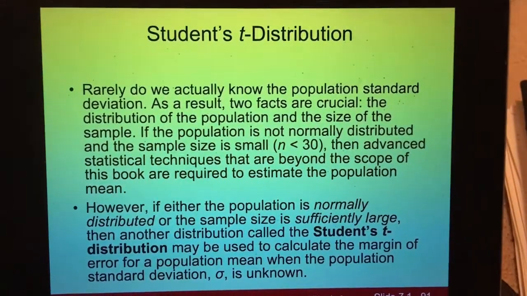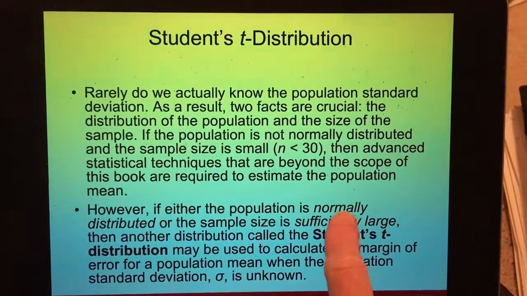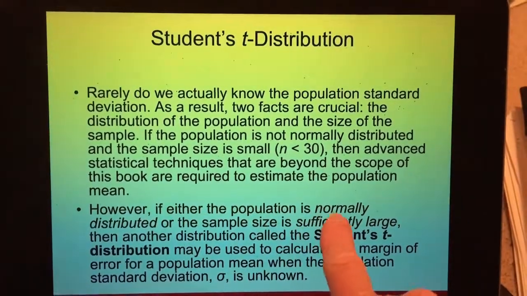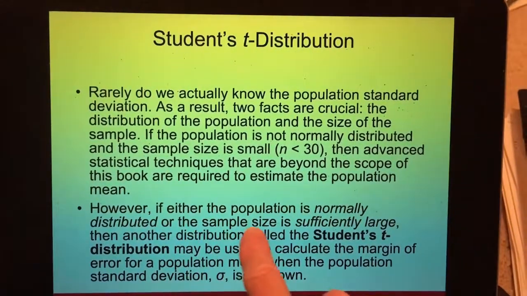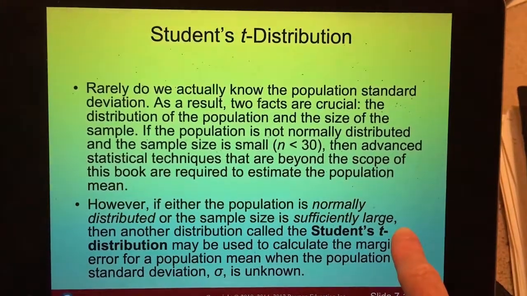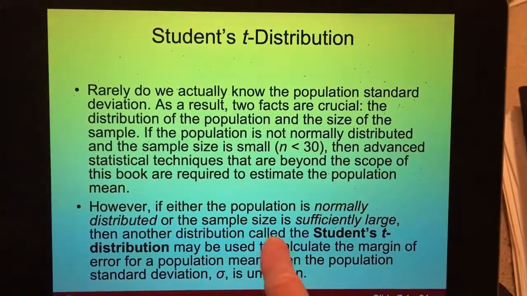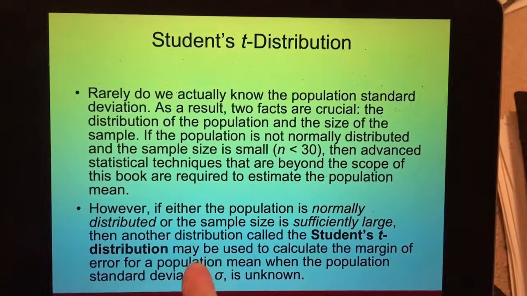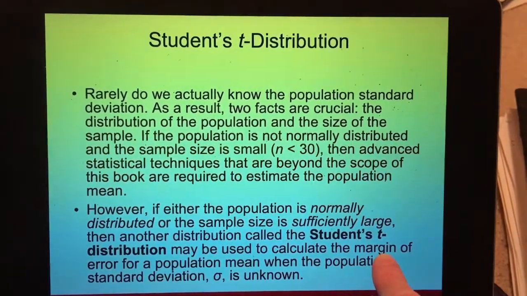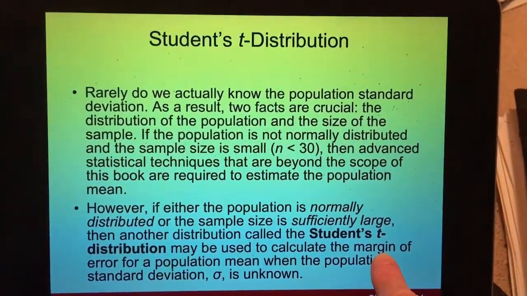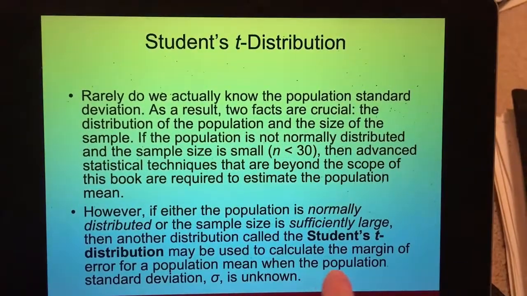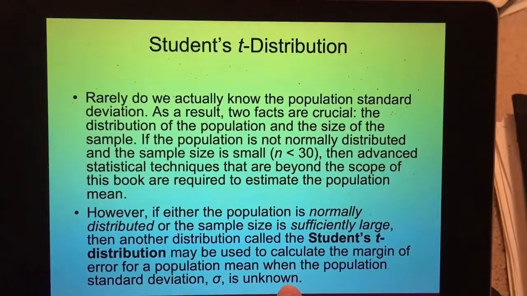Okay, so basically it says if either the population is normally distributed or the sample size is sufficiently large, then another distribution called the student T distribution may be used to calculate the margin of error for a population mean when the population standard deviation is unknown.